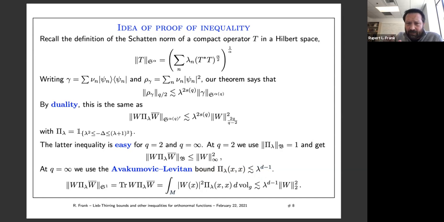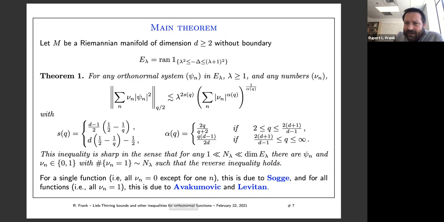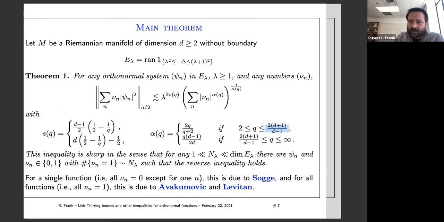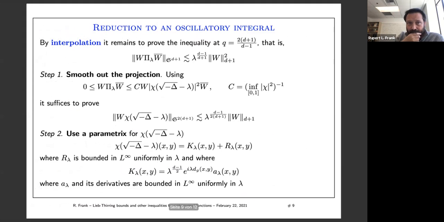So what does this say? If we go back to the inequality, there are the boundary cases, the case Q equal to 2 and the case Q equal to infinity. Those are easy. By complex interpolation, the only thing that we have to do is therefore to deal with this point where the line breaks, the special point of Sogge. All right, that's what I've written here.